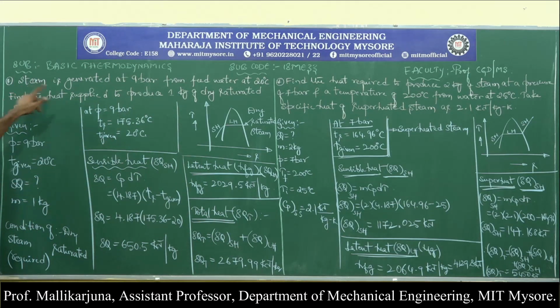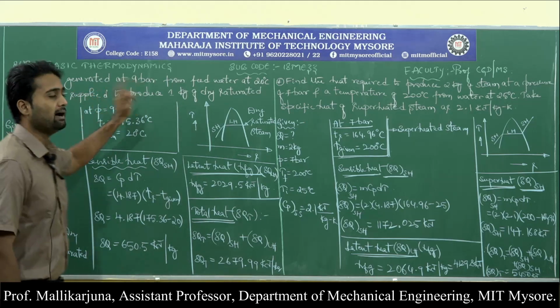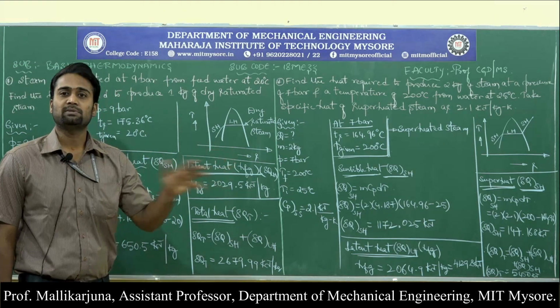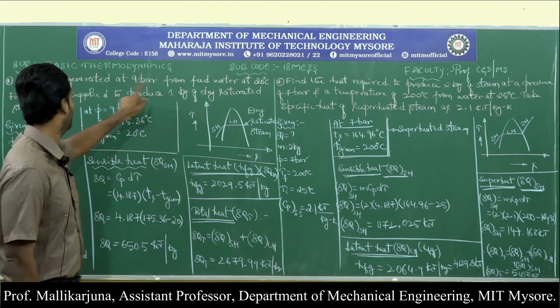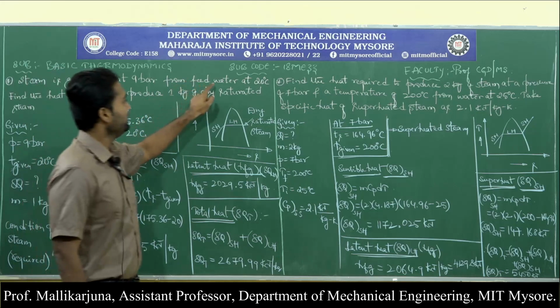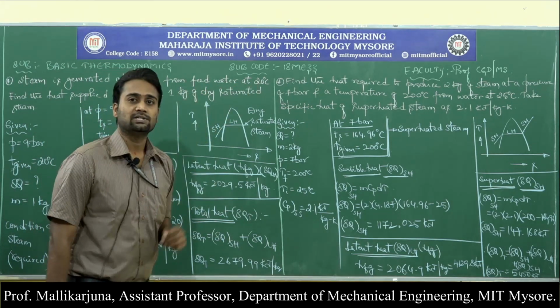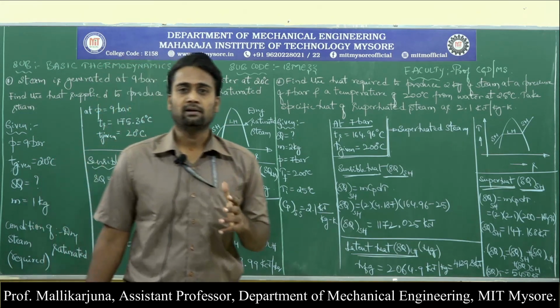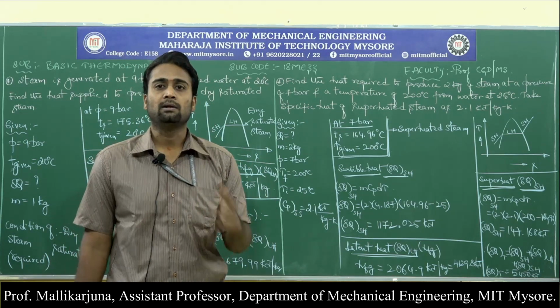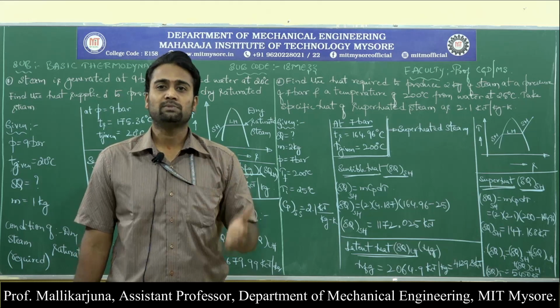Steam is generated at 9 bar. In the sense, 9 bar is the pressure at which steam is getting generated. So P is 9 bar, from feed water at 20 degrees Celsius. Here we need to understand, in order to generate the steam we need a device which is nothing but a boiler or steam generator.